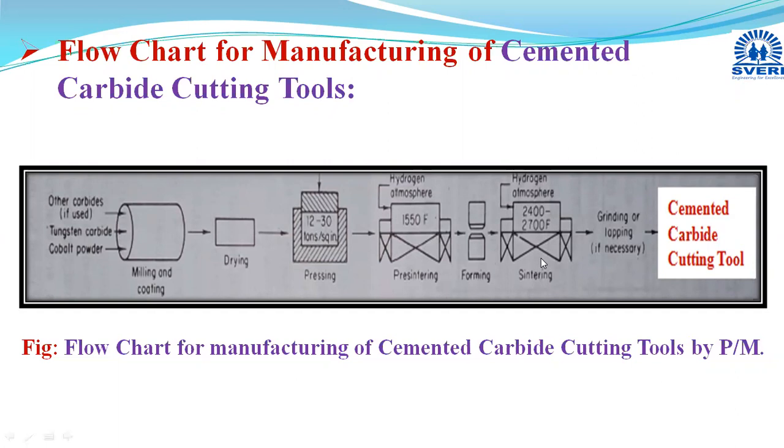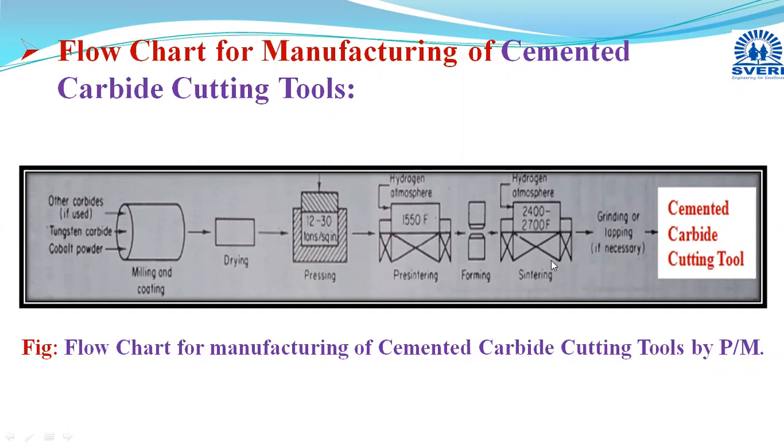Here we are doing this final sintering for 2 hours, where cobalt melts and it cements or joins the carbide particles which are present in that powder mixture. Hence it is termed the cementation method, and this carbide cutting tool is termed a cemented carbide cutting tool, because cementation is occurring due to melting of cobalt.